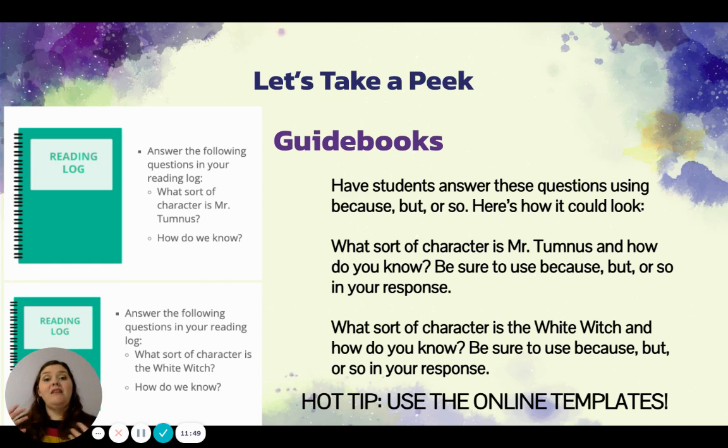Now, because I've done many lessons with my students on this, my students are very familiar with this process. They get what this looks like. We've been practicing because, but, and so for so many lessons. And this is when I'm assessing them. Or it could be a time where I've done this previously. I had some students who were struggling.